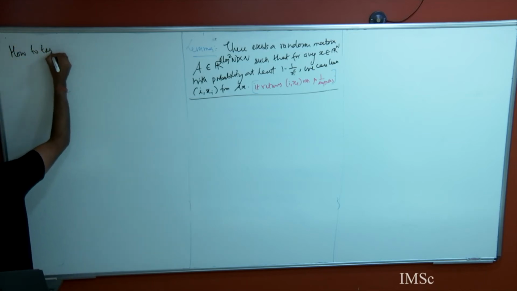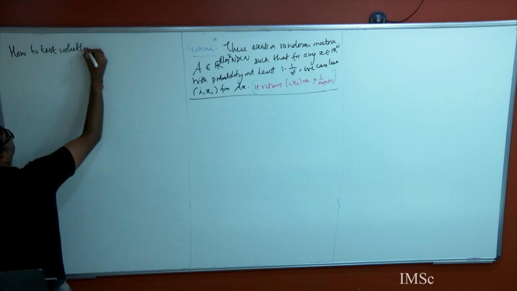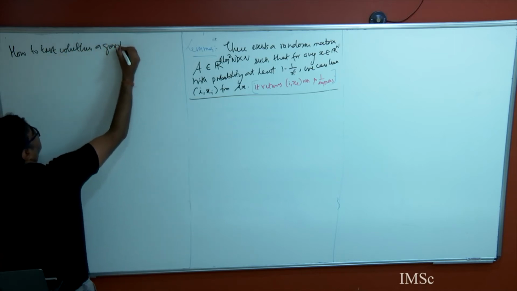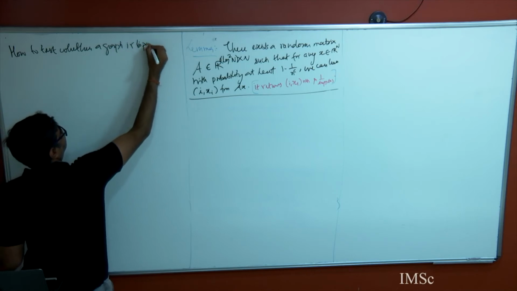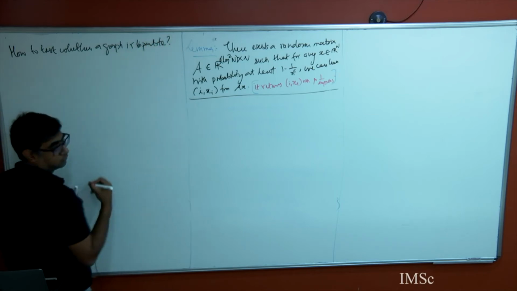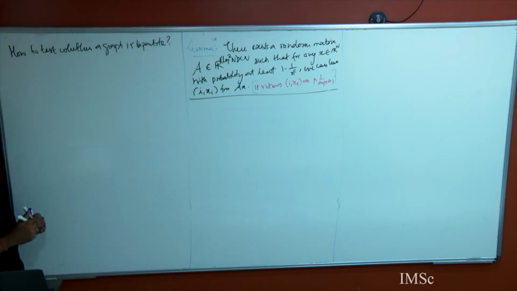How to test whether a graph is bipartite? What is an algorithm we know?